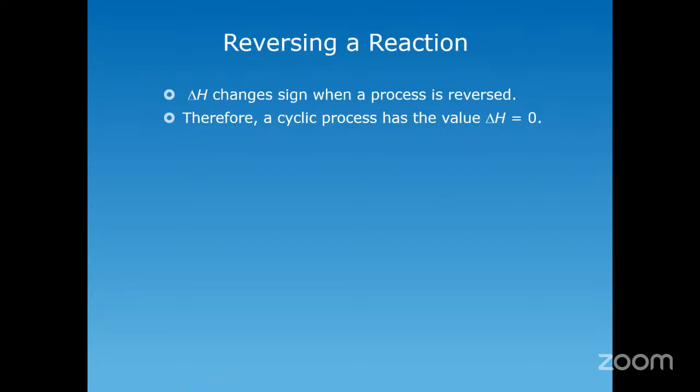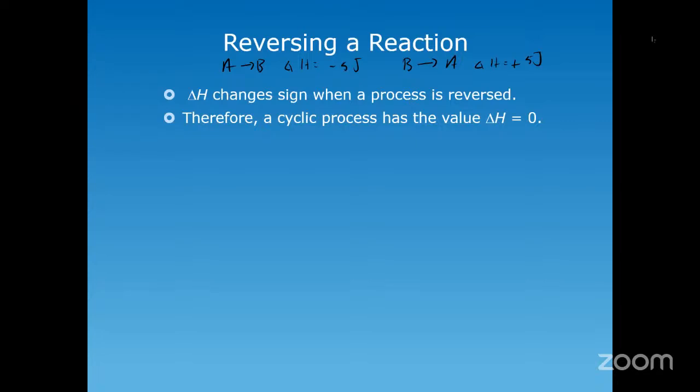So if I have a reaction going from A to B, and let's say delta H for this is minus 5 joules, that means going from B to A, delta H for that would be plus 5 joules. All right? So whatever delta H is for the reaction going in one direction, the sign will change in the delta H value for the reaction going in the other direction.